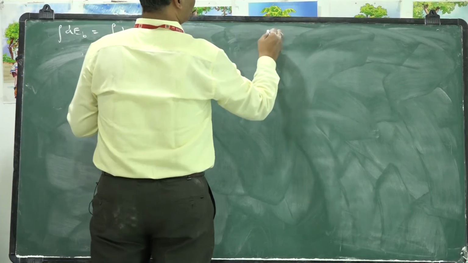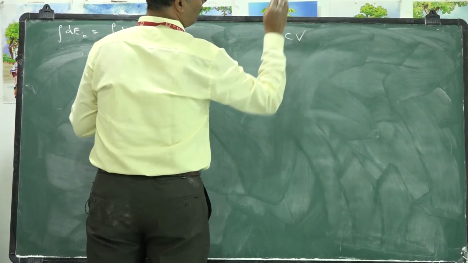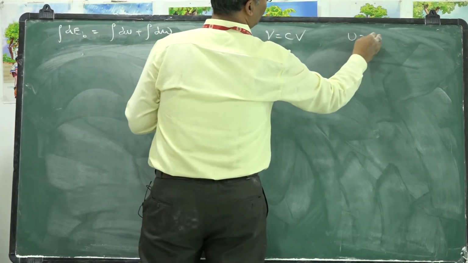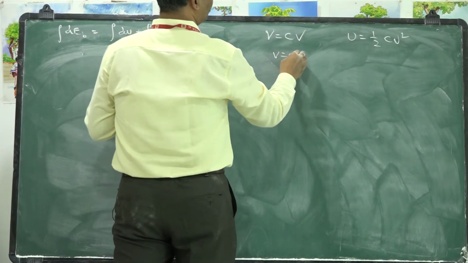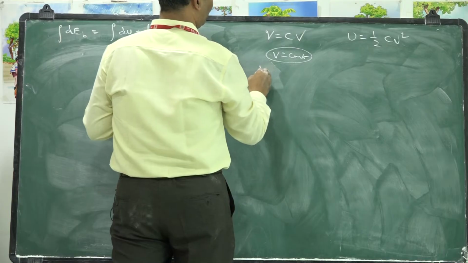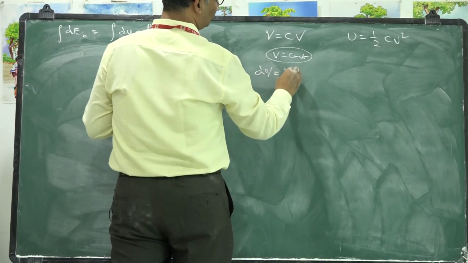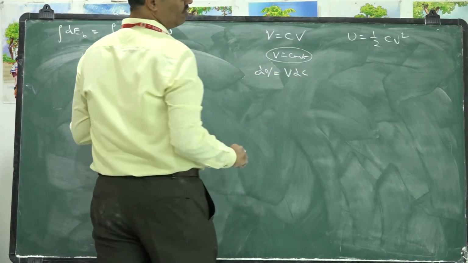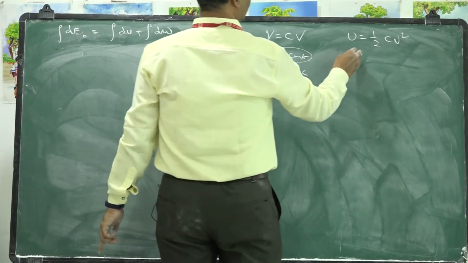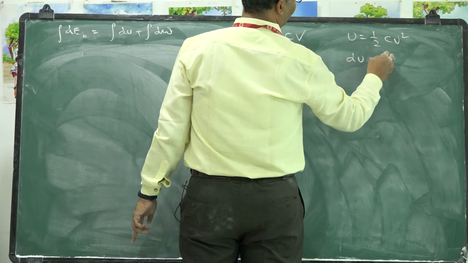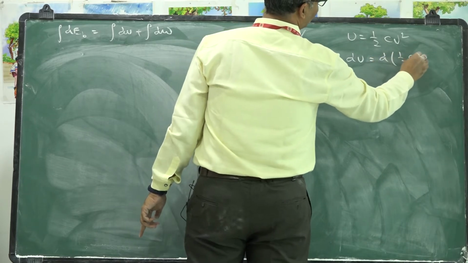You know that Q is equal to CV and U is equal to half CV square. Here V is constant, capacity is variable, therefore dQ is equal to V dC. Similarly, you want dU, the derivative of half CV square.